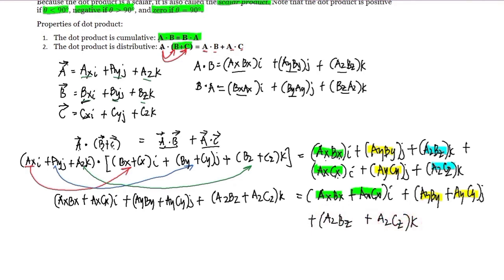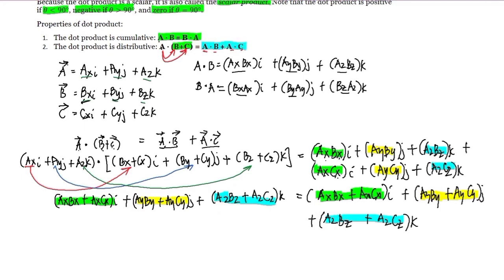Now if we compare this, this is just equal to this, and this is equal to this, and of course this is equal to this. So it says here that the dot product is distributive.